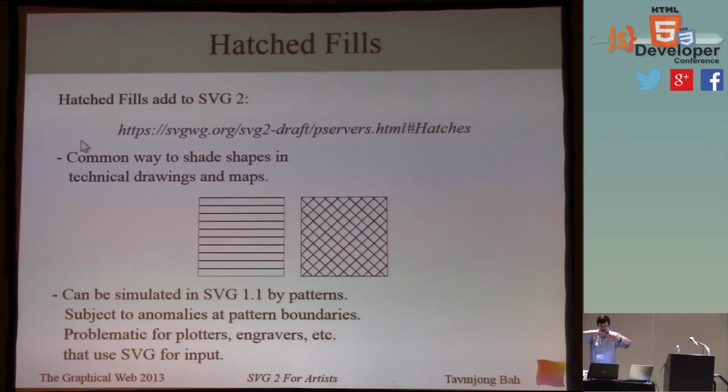There are people that use it to drive engravers and plotters. And if you're going along and you have to have the pen go up and down and draw a stroke, go up and down, draw a stroke, you're going to get artifacts where those joins are. So we now have the ability to define hatched fills where you can get continuous lines.